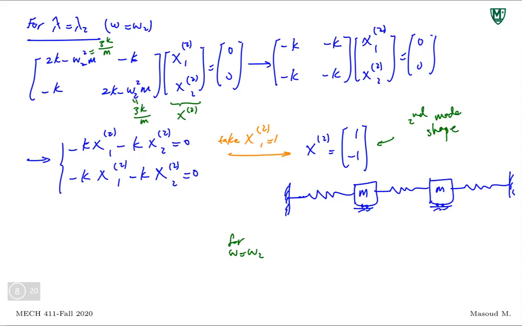They always keep this ratio 1 to minus 1. So whatever mass 1 is, if it's 0.1, mass 2 should be minus 0.1. If mass 1 is minus 5, mass 2 should be plus 5. So that would be the system oscillation.